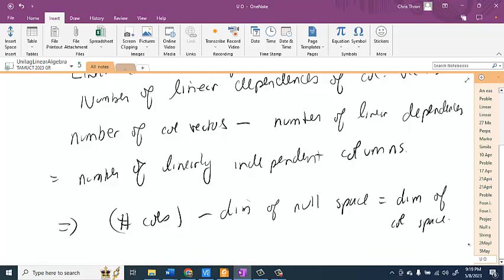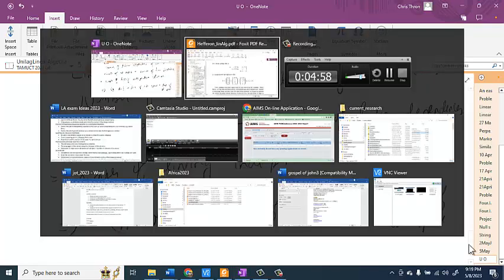In other words, the number of columns is equal to the dimension of the null space plus the dimension of the column space. So that's another way of looking at the null space.